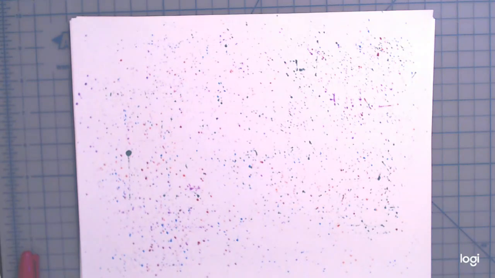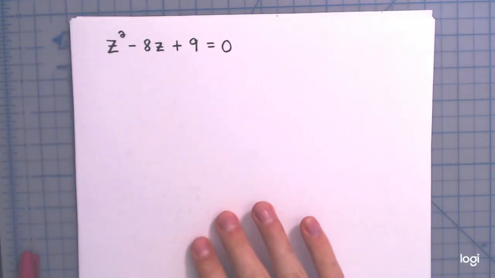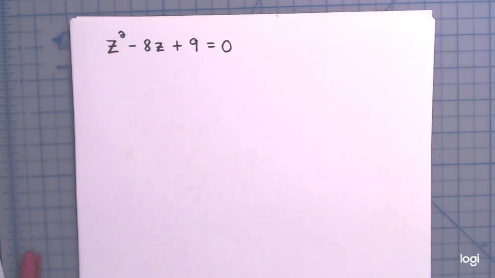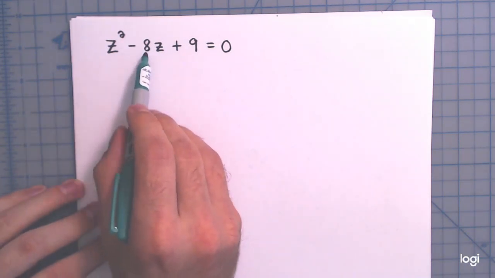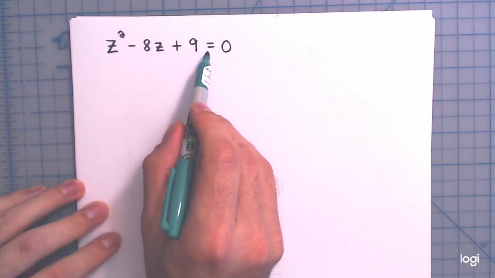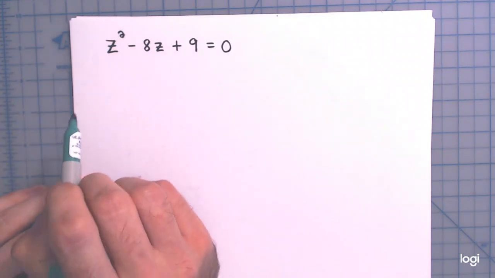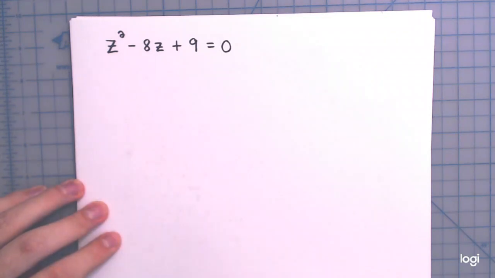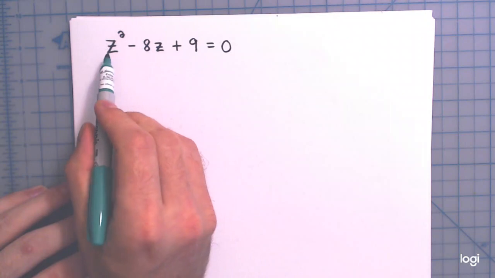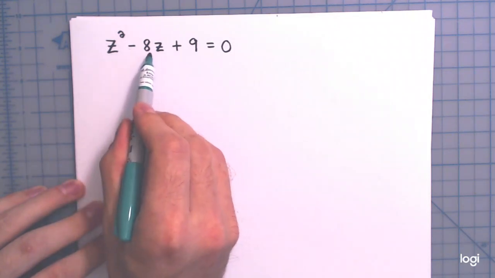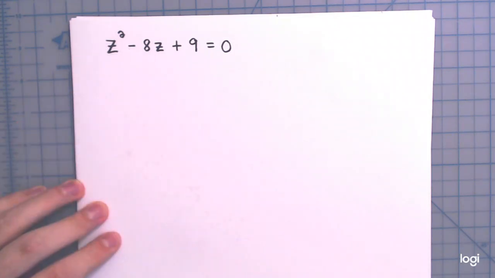Let's just keep going. So this next example, I'm asked again to solve using the complete the square method, if you will call it that. I have z squared minus 8z plus 9 equals 0. When I'm completing the square, I want the squared term and the first powered term, the z squared and the negative 8z, on their own side and everything else on the other side.